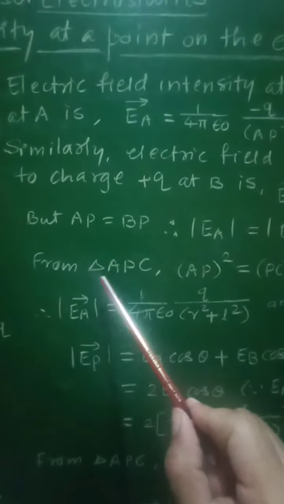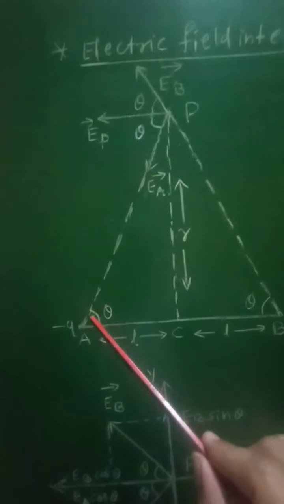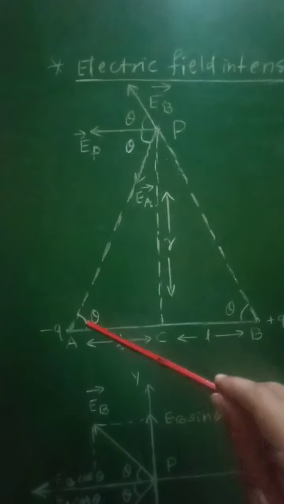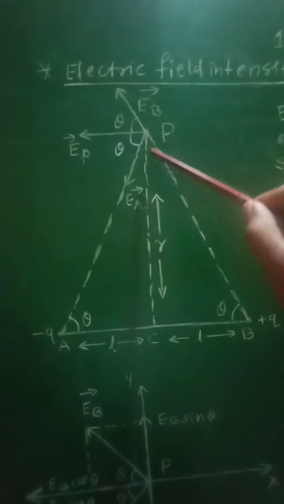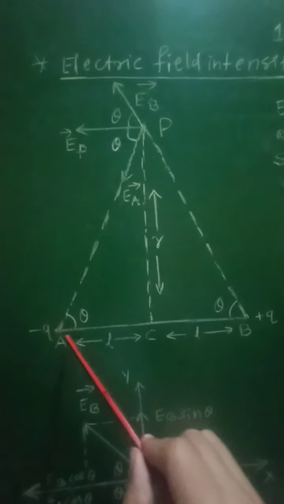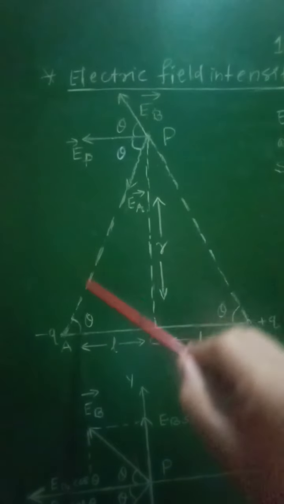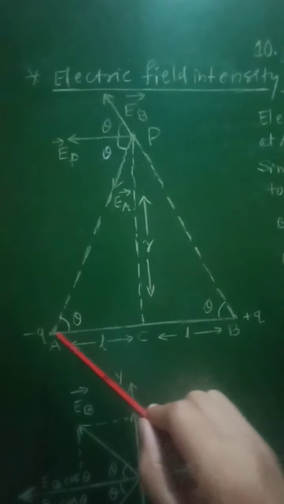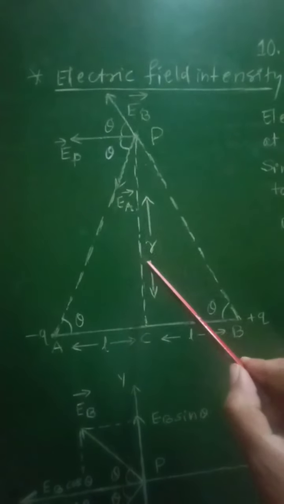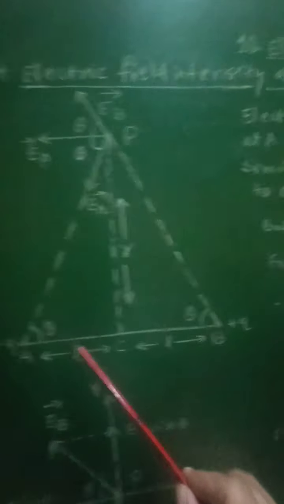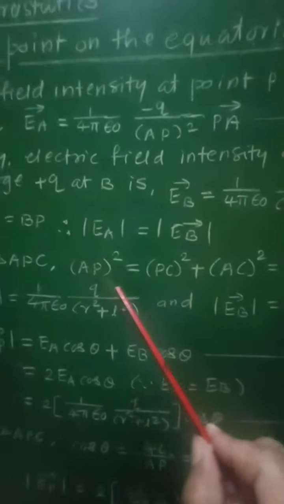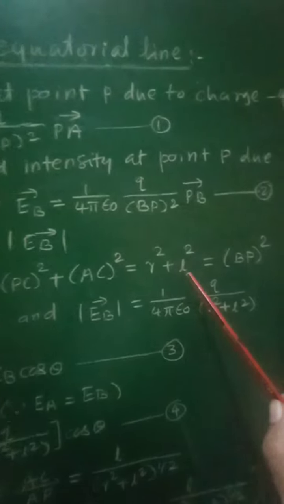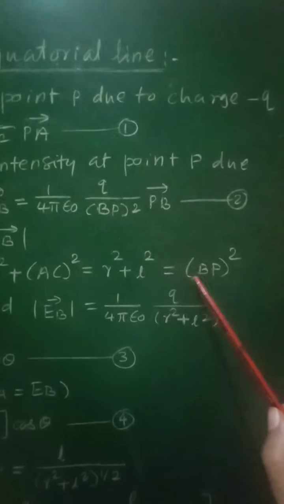Now from this right angle triangle APC, using Pythagoras theorem we can say that AP square will be equal to PC square plus AC square. That AP square will be equal to r square plus L square, and that will be the value of BP square.